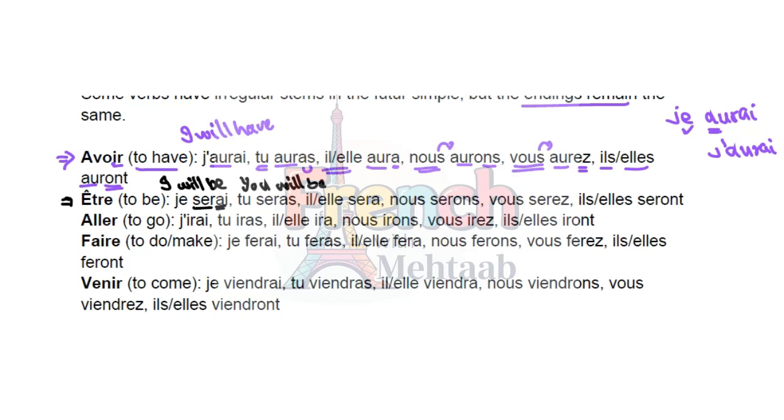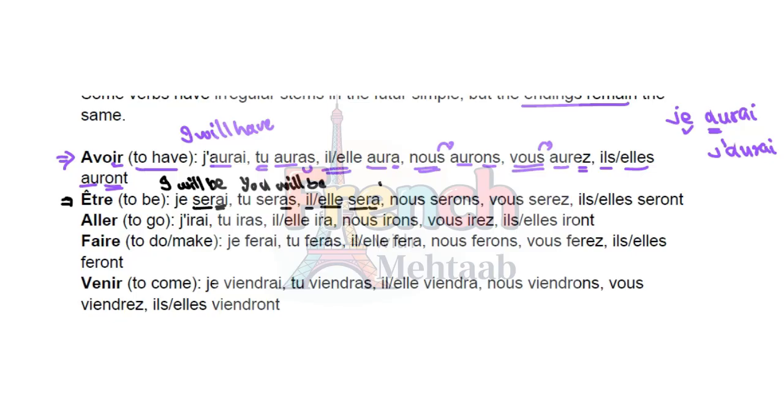So it would be je serai, which means I will be. You will be is tu seras. And for he and she, il sera and elle sera. He will be, she will be.